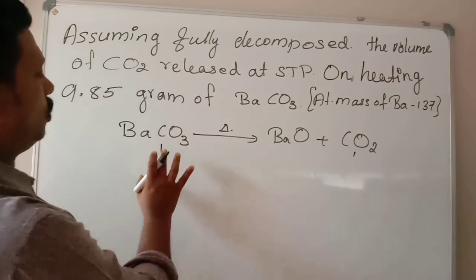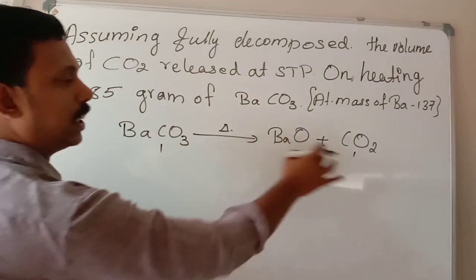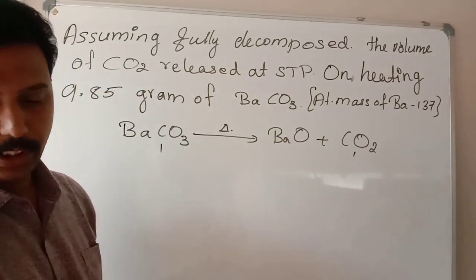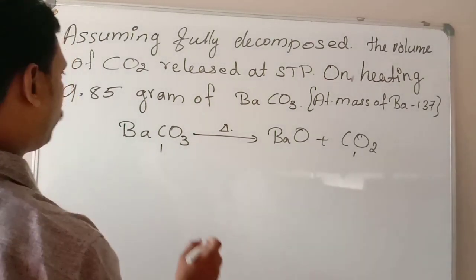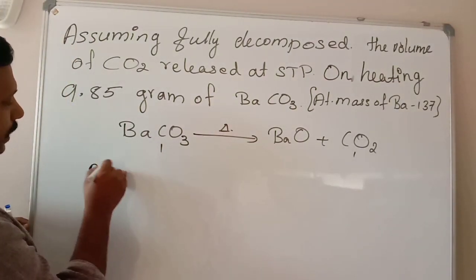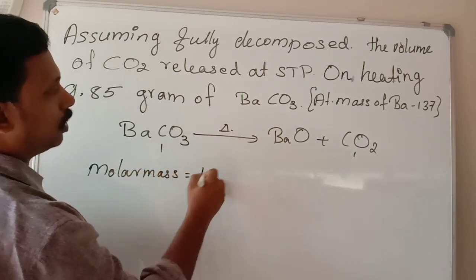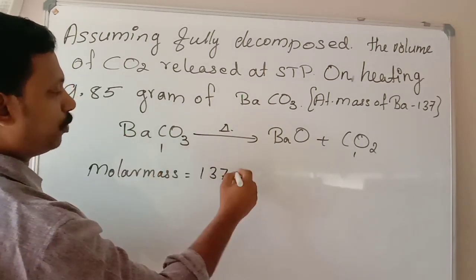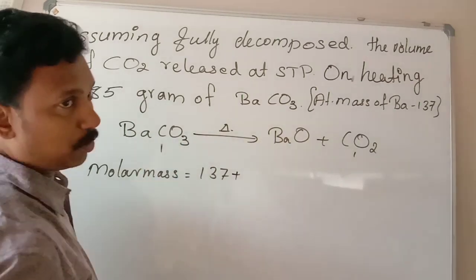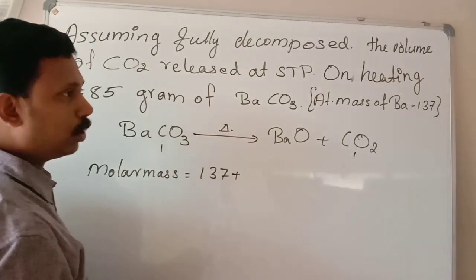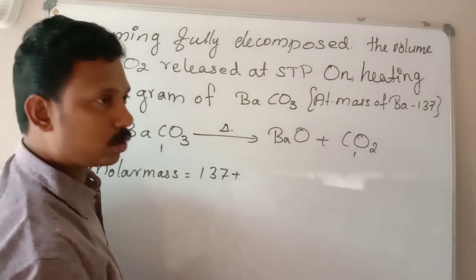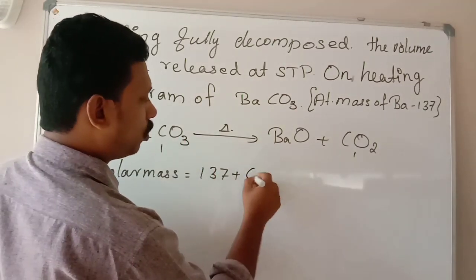So how many moles of barium carbonate is there? If you can find out, that much moles of CO2 will be released. So we have to find the molecular mass of barium carbonate. Molar mass is equal to 137, the mass of barium, plus mass of the carbonate ion. We are doing another video on how to find the molecular mass of compounds easily. Carbonate ion, the mass is 60.